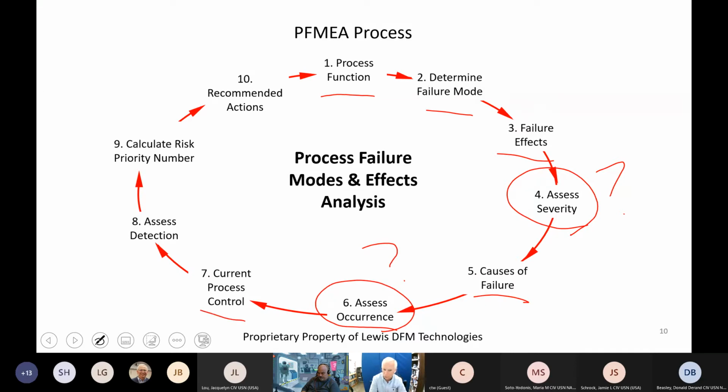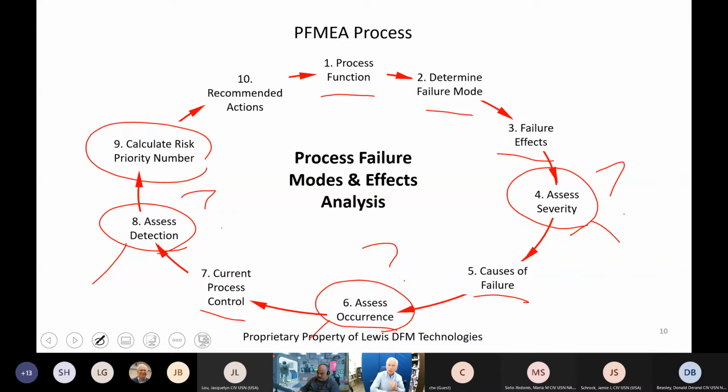Current process control, and then assess detection. Again, we're going to do a scoring there. Calculate a risk priority number from numbers 4, 6, and 8. This, and this get calculated into that.